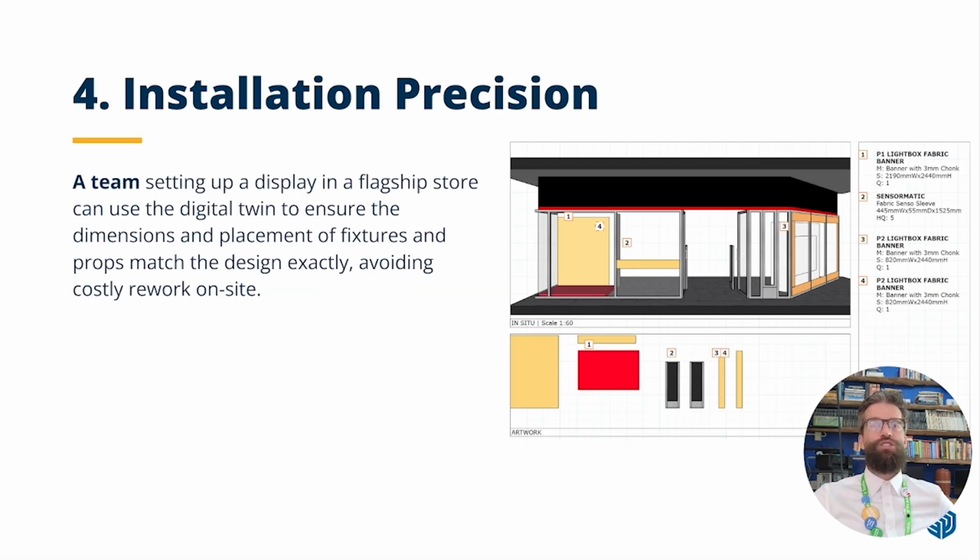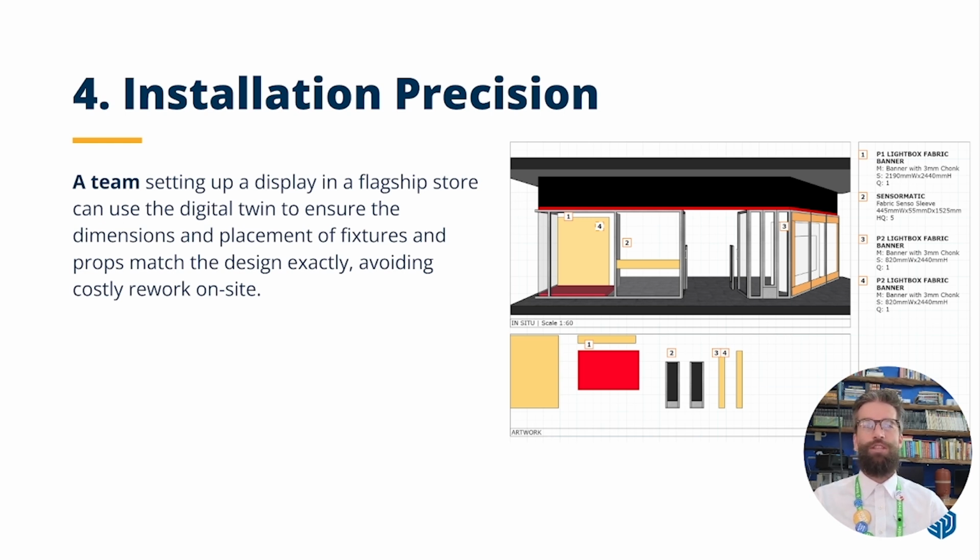The installation precision. So the digital twin can easily be shared with the installation team. And if we place our digital twin inside of layout and we share all the different views and all the different perspectives and all the different installation guides with our team, then we can really easily create an installation template or a sign-off template for our marketing team, so that you can set up a display in a flagship store using your digital twin.